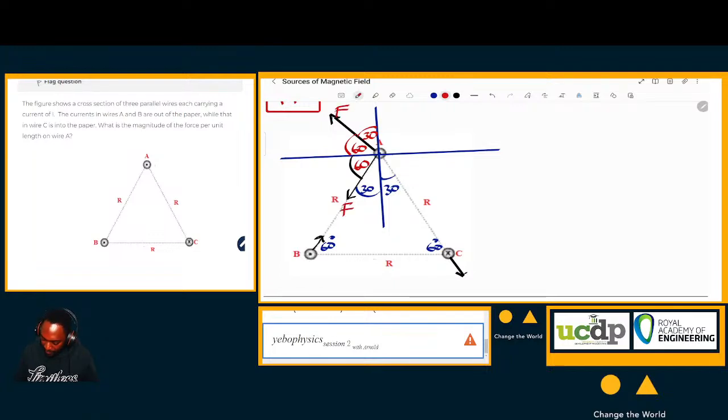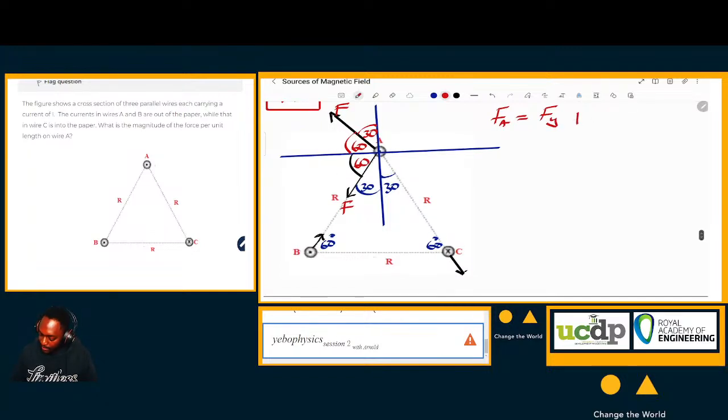Force F, right? So the force on A is going to be due to F in the vertical plus F in the x-axis, because you can see that these forces are at an angle.